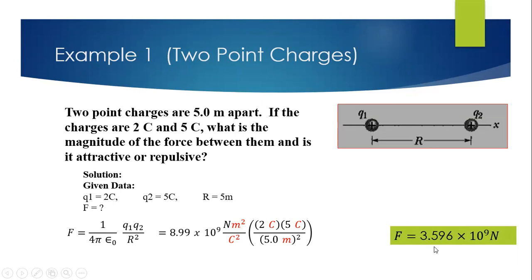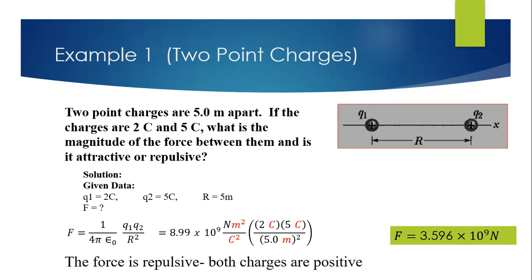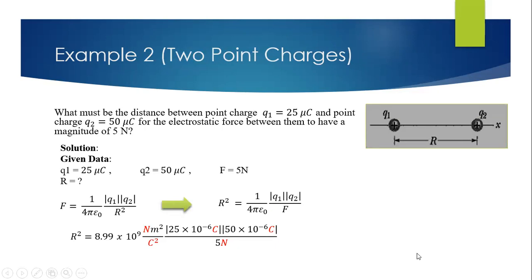Okay, so we move on with another example. Sorry, we had one thing more, whether this force will be attractive or repulsive. In the beginning we said like charges repel each other. So in this case, this force will be the force of repulsion.